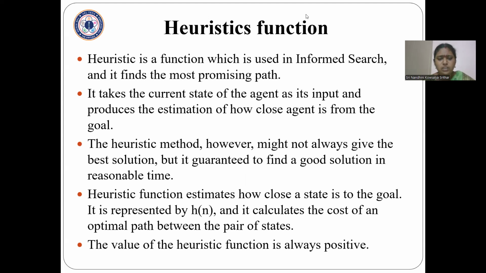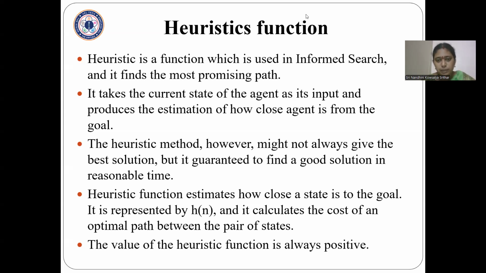So what is the heuristic function? The heuristic is a function which is used in informed search, and it finds the most promising path. It takes the current state of the agent as its input and produces an estimate of how close the agent is to the goal. Each and every node has a heuristic value.